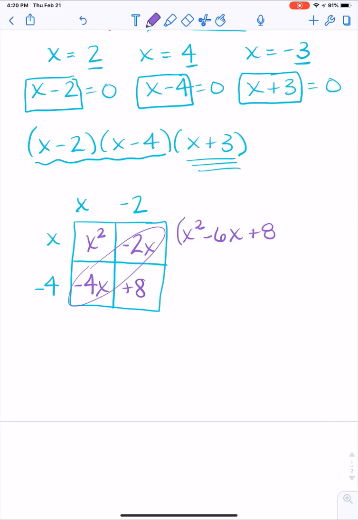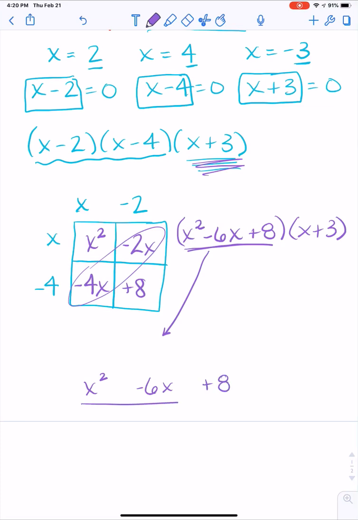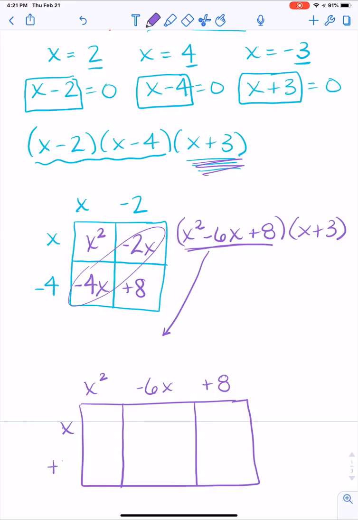Okay, now I need to take this and multiply it by the one that I didn't use. So these two. So I'm going to have to go down here and use the box method again. Since this has more terms, I'm going to put it across the top. So x squared minus 6x plus 8 and then x plus 3 down this side.